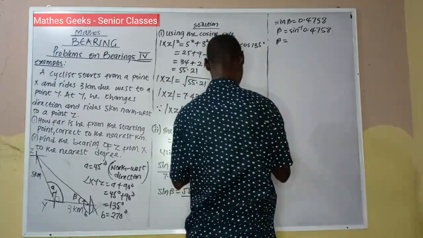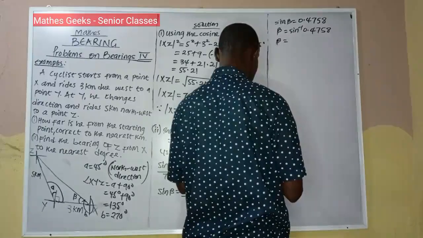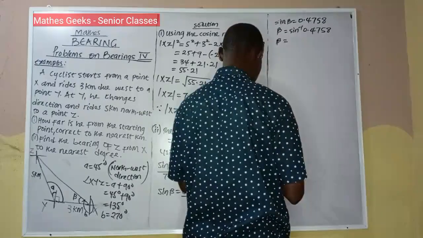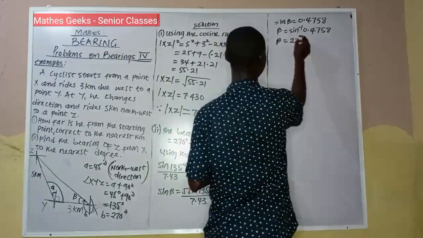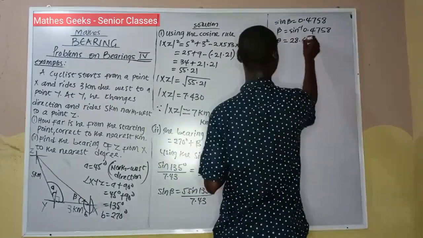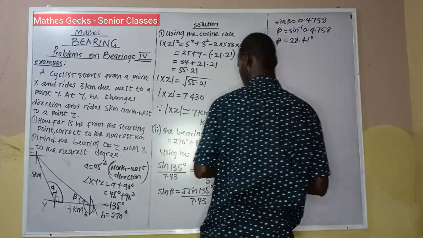Beta is equal to arc sine 0.4758, which is 28.41 degrees.